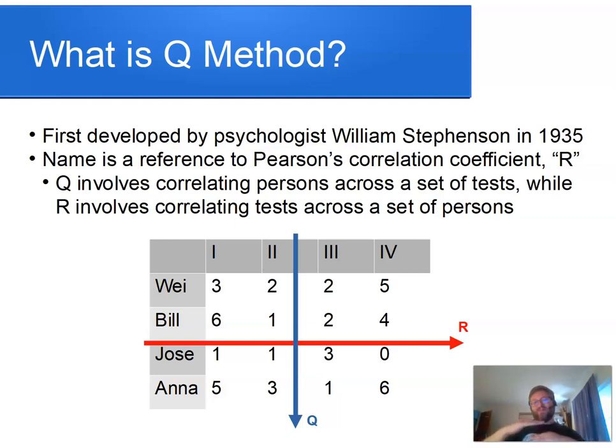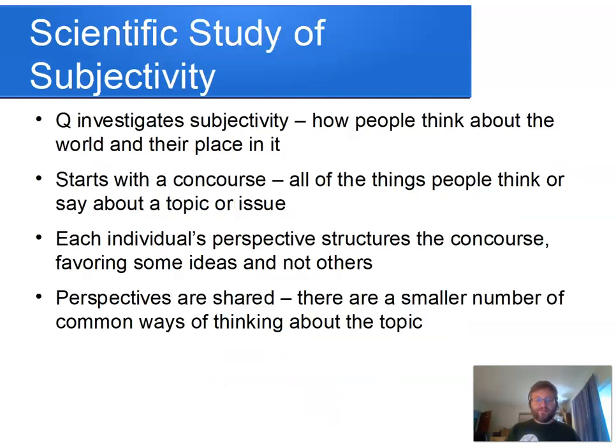So are these two people similar to each other on this set of data? Does Jose correlate with Anna? Do they have similar results across this set of data that you have on these people? So Q is correlating people, whereas R is about correlating tests or variables that you have about those people.